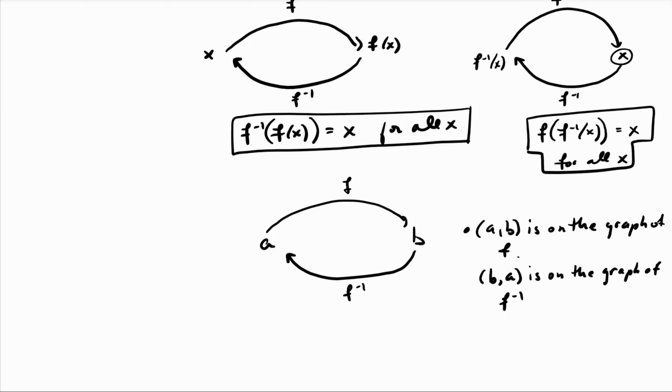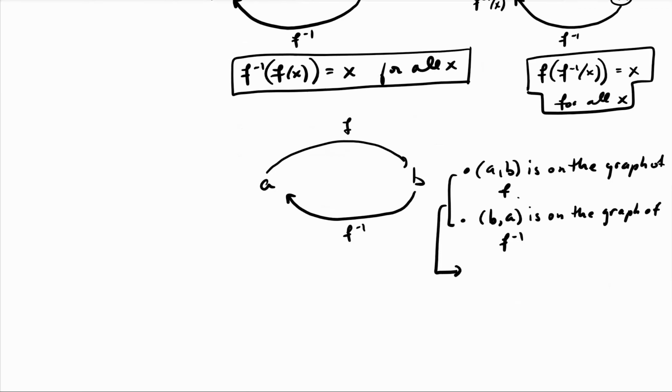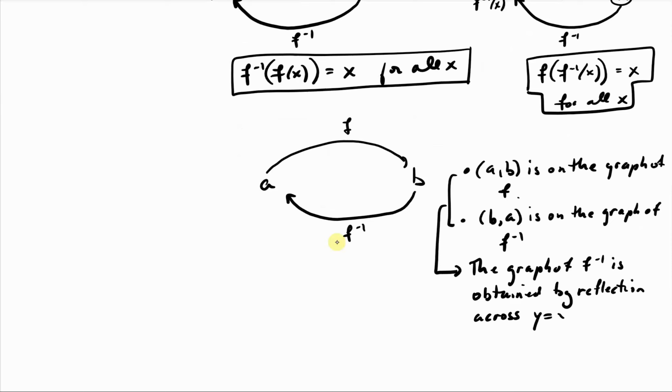And because of this, it means that the graph of the inverse is obtained by reflecting the graph of f across the line y equals x. So the graph of f inverse is obtained by reflecting across the line y equals x the graph of f.